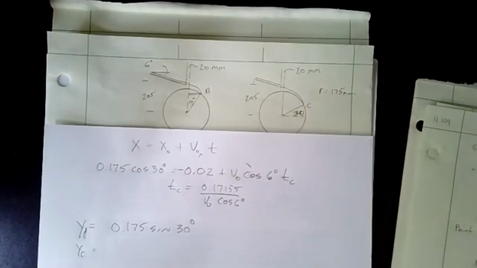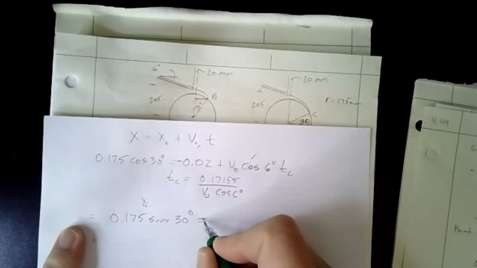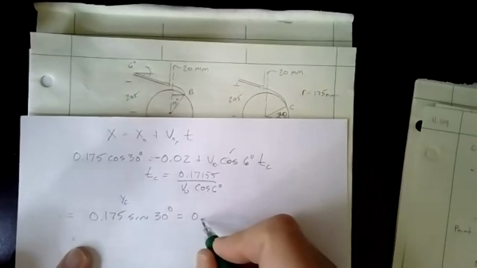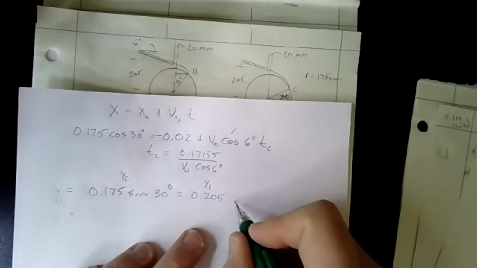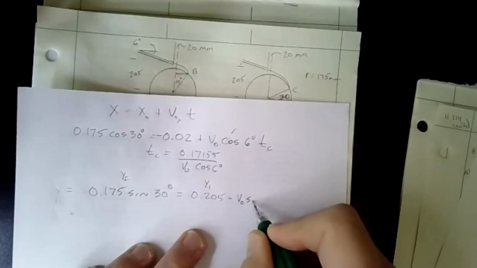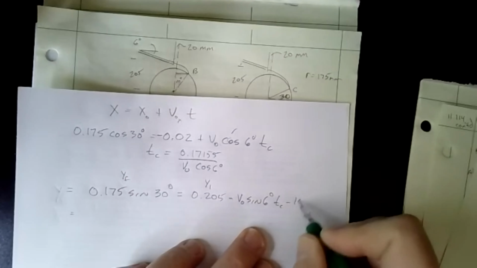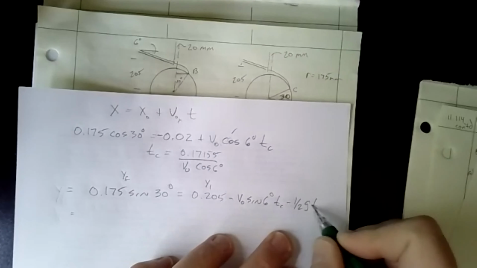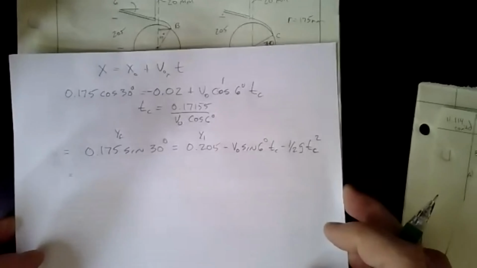Actually, let's just make it easier. We know this is where it ends up, so that's our y final, and that's going to equal 0.205, which is y initial, minus V naught sine 6 degrees TC minus 1/2 G TC squared.